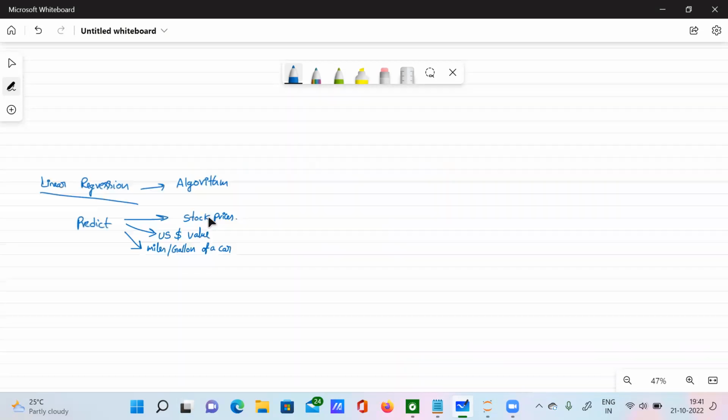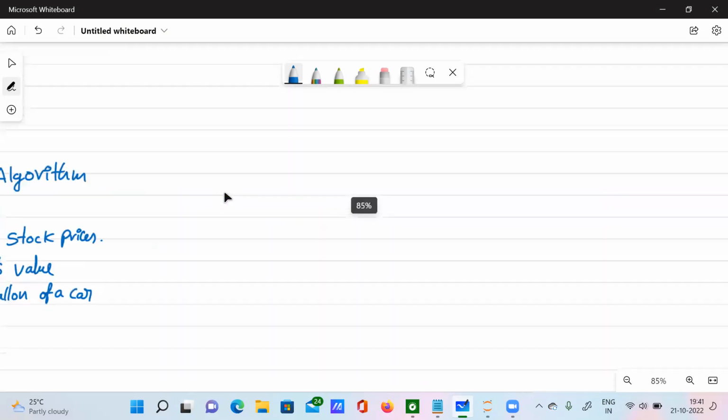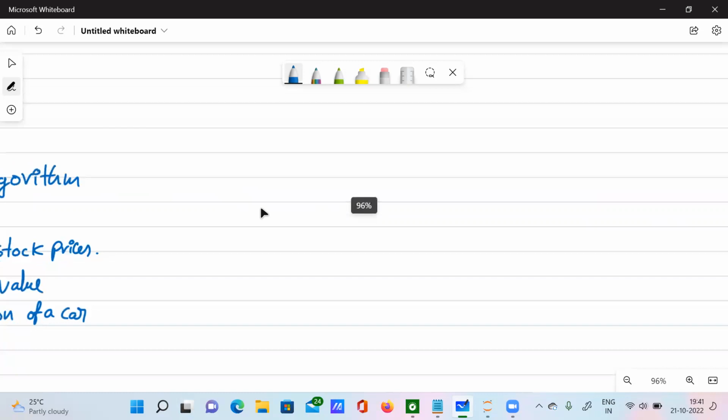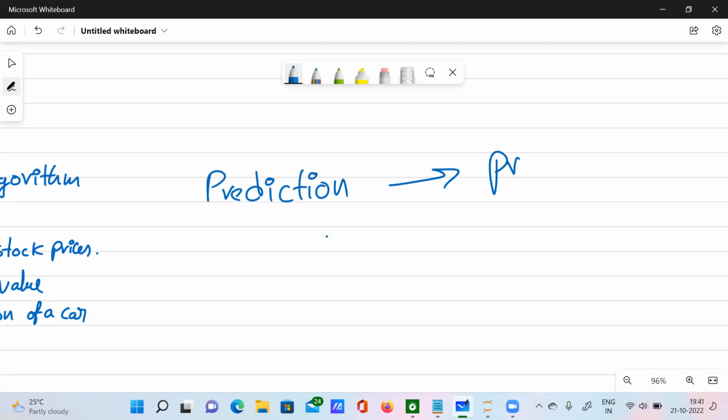But before that, I just want to tell you something. Yes, we can predict some kinds of things here. This prediction involves some kind of process.